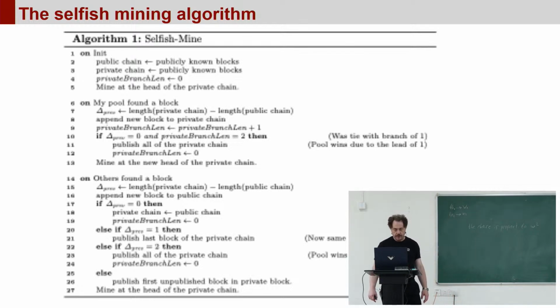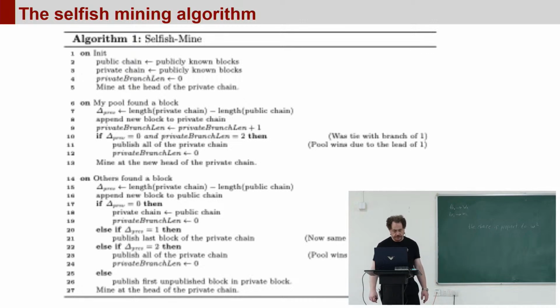Okay, so the other handler: what happens if the others, the honest miners, have found the block? In this case, again, I calculate the delta. I append the new block to the public chain, according to the longest chain rule.